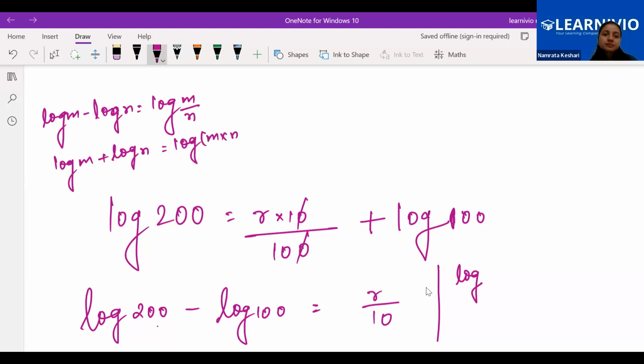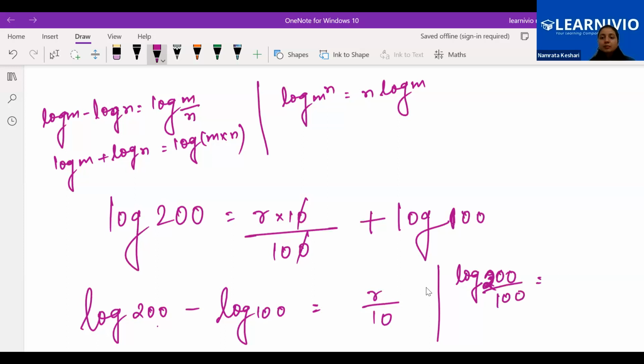Do you know these formulas? Log m by n. Yes, ma'am. So we will be using it over here. Log 200 by 100 is equal to r by 10.